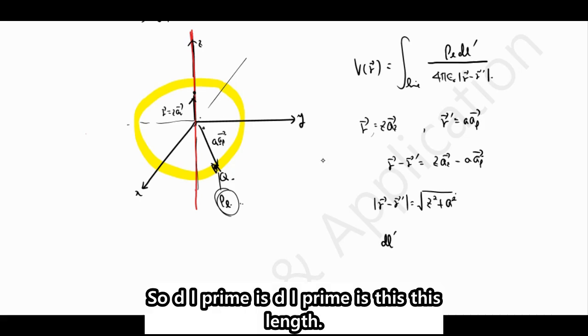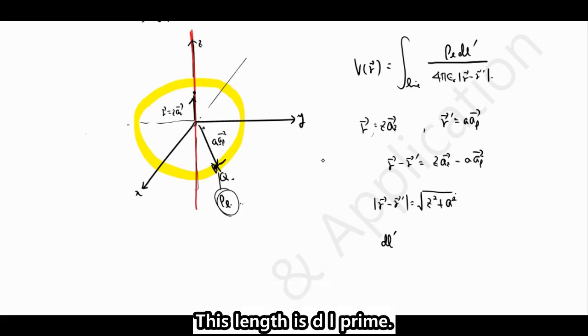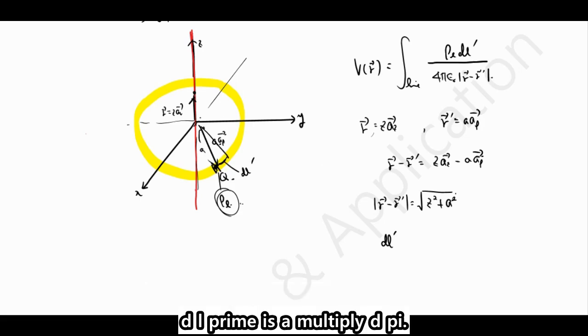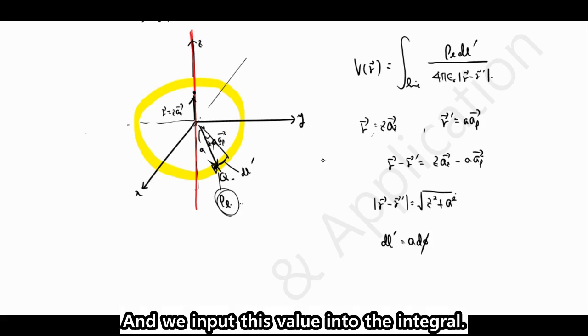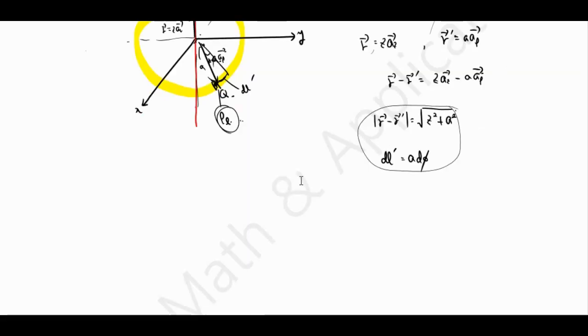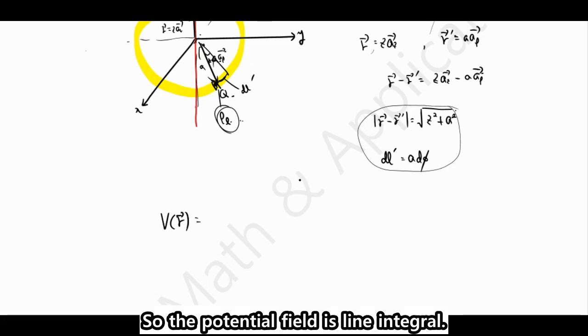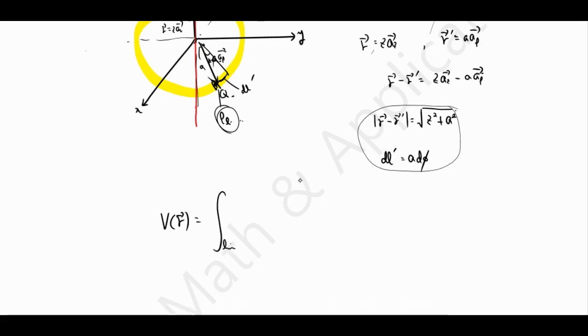So dl prime is this length. This length is dl prime. Dl prime is a multiply d phi. And we input this value into the integral. So the potential field is a line integral.